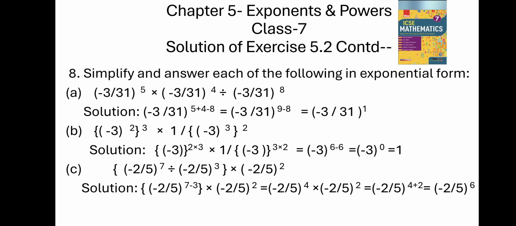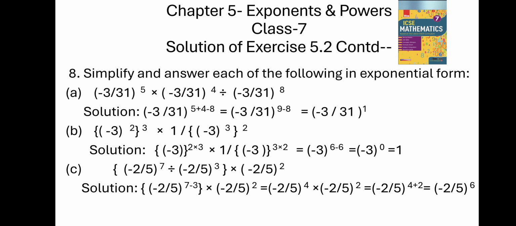(-3/31)^5 multiplied by (-3/31)^4 divided by (-3/31)^8. The bases are same, so wherever there is multiplication we have to add the exponents, and wherever there is division we have to subtract.